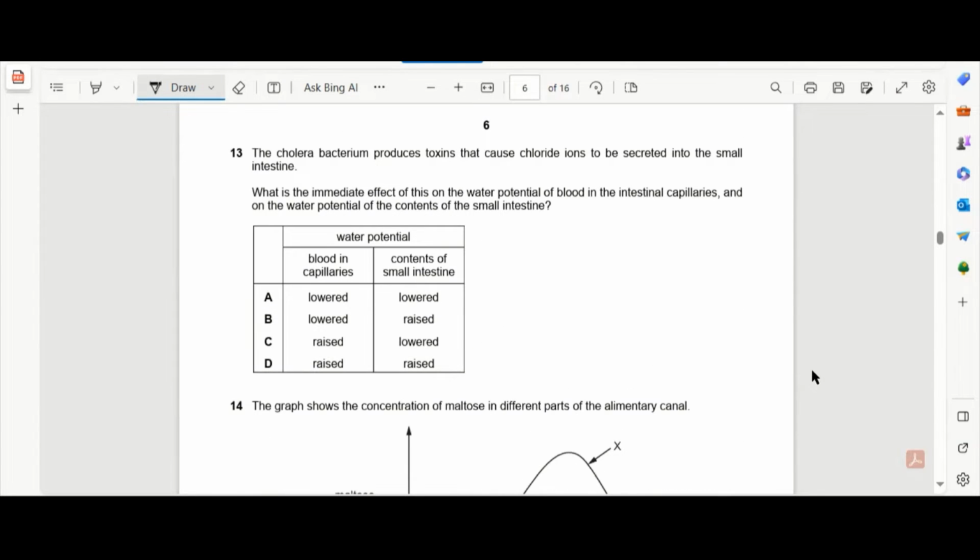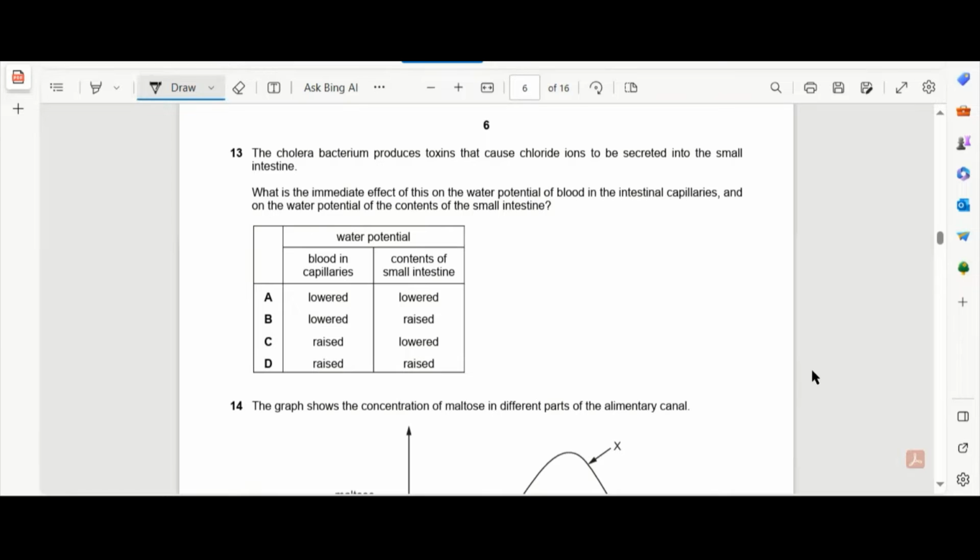Number 13, the cholera bacterium produces toxins that cause chloride ions to be secreted into the small intestine. What is the immediate effect of this on the water potential of blood in the intestinal capillaries and on the water potential of the contents of the small intestine?